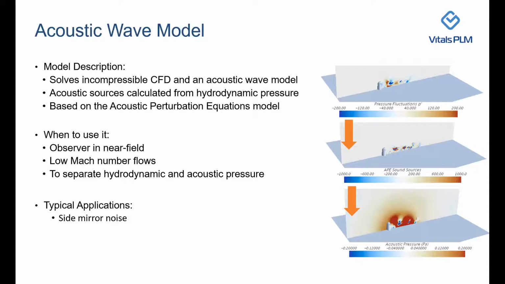Using that hydrodynamic pressure information by solving the acoustic wave model, we can calculate the acoustic perturbation equation sound sources, and from the sound sources we can calculate the acoustic pressure field around the side mirror. So this is the typical approach using the acoustic wave model.